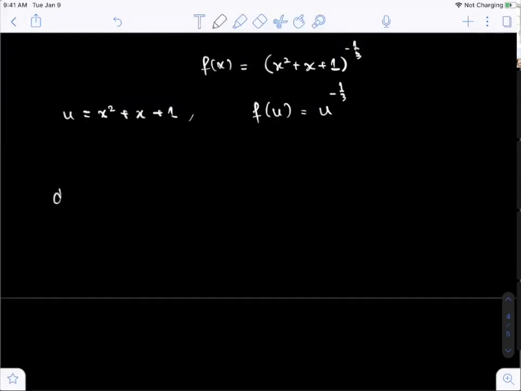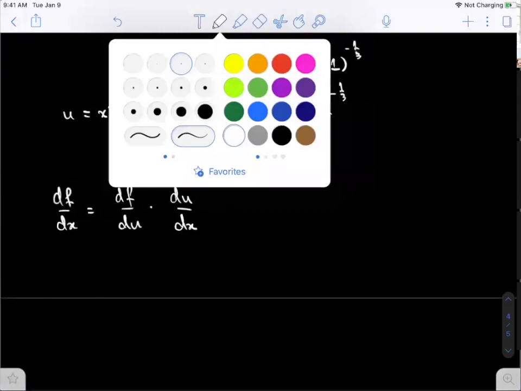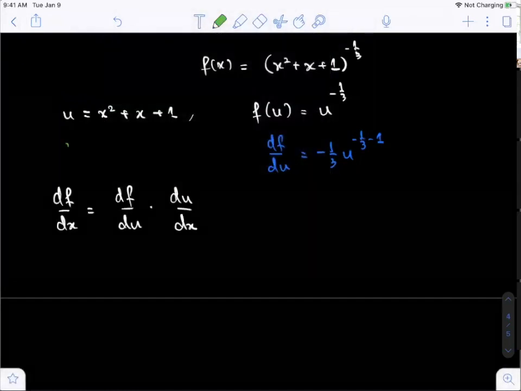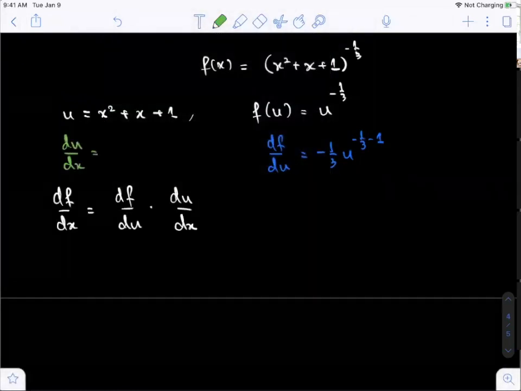So you have df dx is equal to df du times du dx. What is df du in this case? df du, the derivative of the outside function, is equal to negative 1/3 times u to the negative 1/3 minus 1. And du dx, the derivative of the inside function, is 2x plus 1.